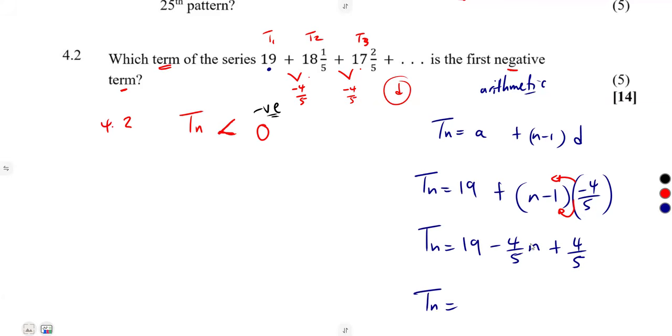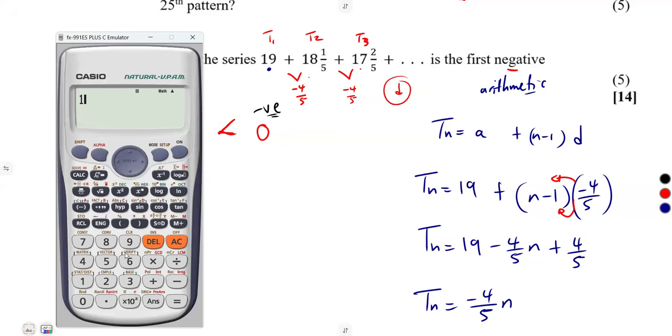So our Tn is going to be negative 4 over 5 n, then collecting the like terms, 19 and 4 over 5. Add them together. 19 plus 4 over 5 gives us 19 and 4 over 5, or you can write it as 99 over 5.